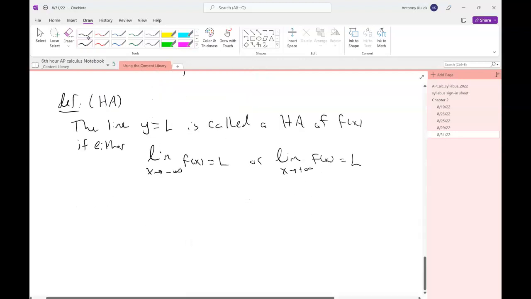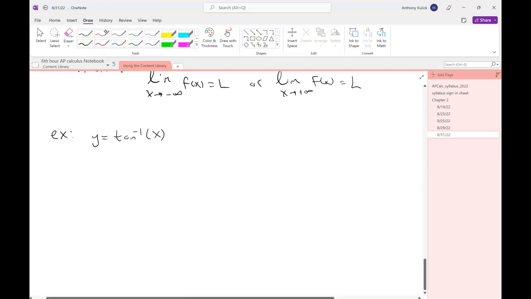All right. Let's look at an example. Let's say we want to find the horizontal asymptote for the function y equals tan inverse of x. What do you want to do first?